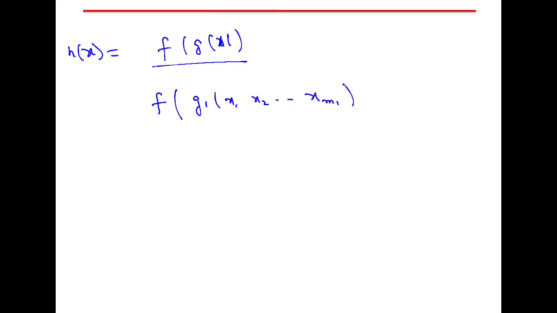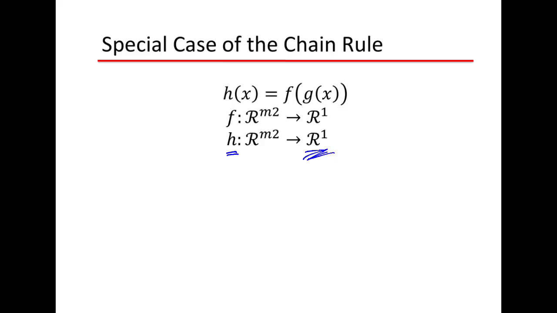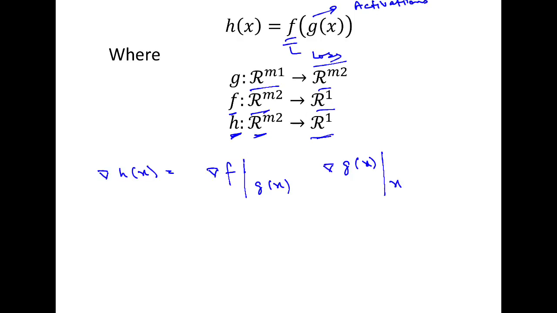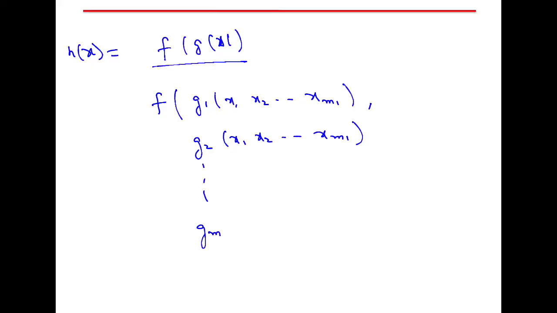So m1 dimensional vector. And the second component is g2, x1, x2, all the way till x m1. And all the way till g of m2, what is g? It's mapping from m1 to m2, right? So it's an m2 dimensional vector, x1, x2, all the way till x m1.